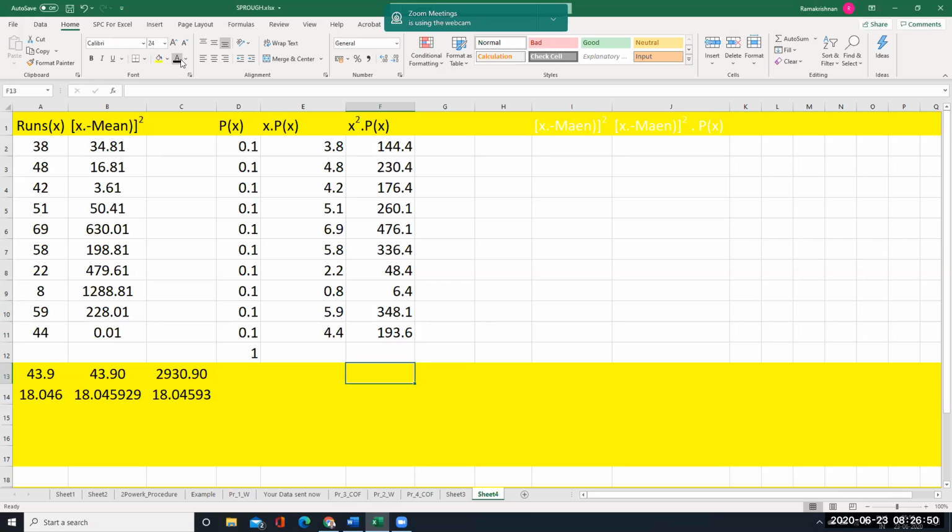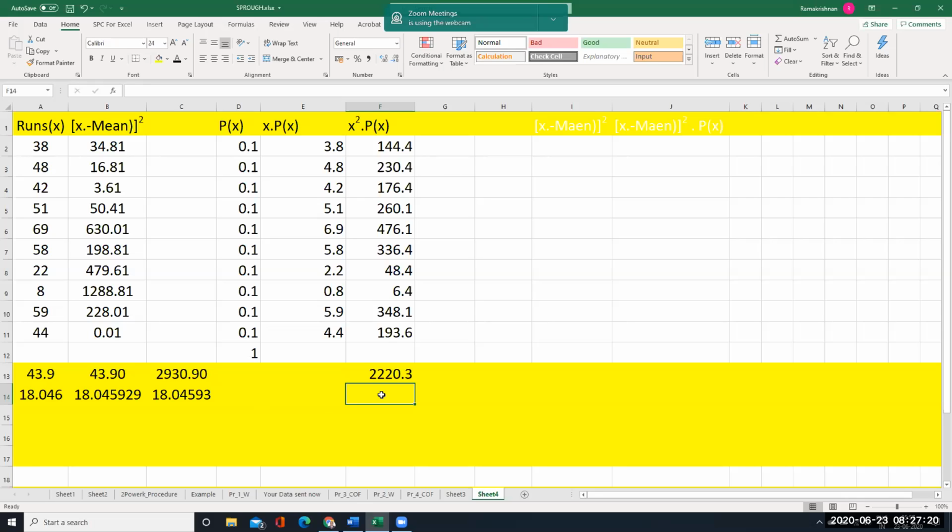Equal to sum of these values, 220. From this value, x squared px sum, I have to subtract the square of the mean.